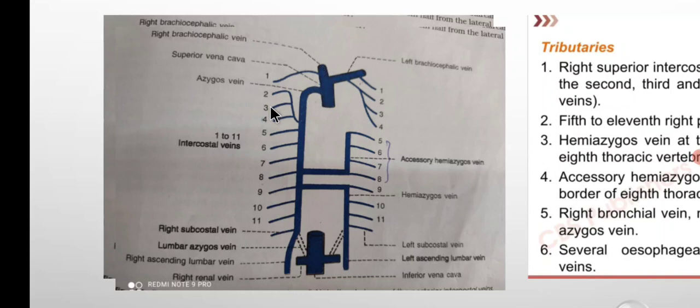While the second, third and the fourth intercostal veins together form one common vein called the right superior intercostal vein, and this common vein will drain into this azygous vein.